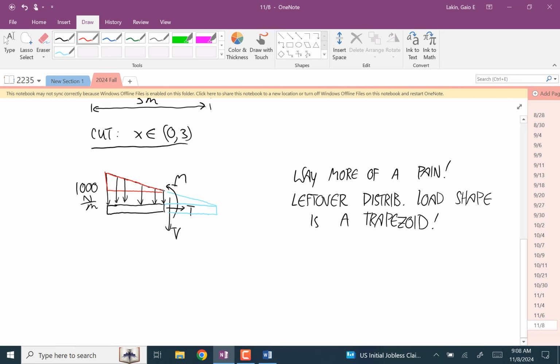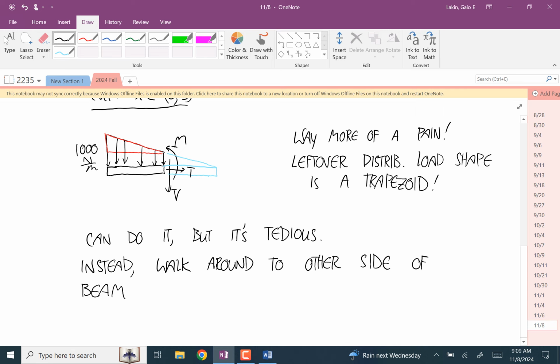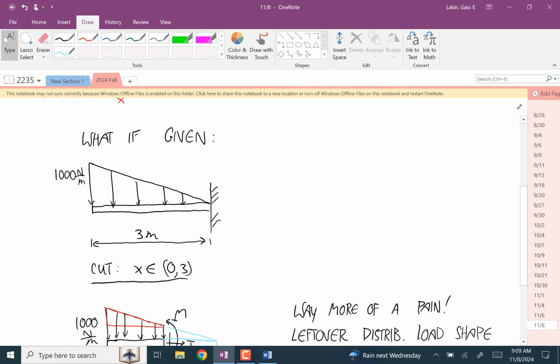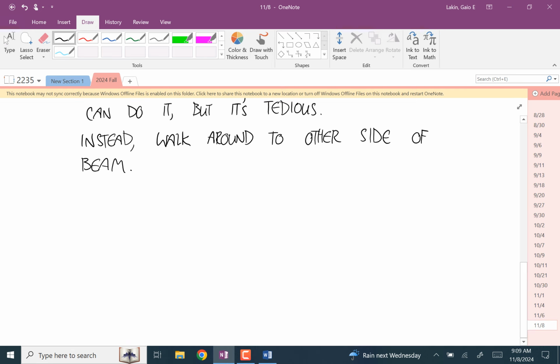So here's what I recommend doing in the case that you see something like this. Instead, walk around to the other side of the beam. Once you do that, here's what you see.